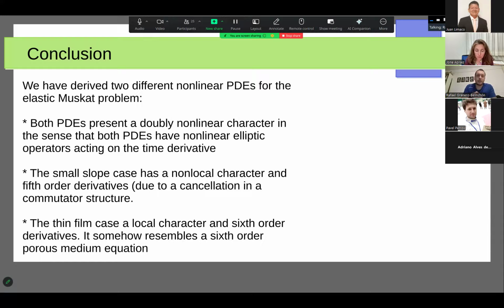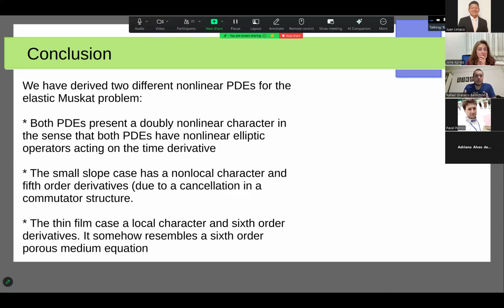The orders of the operators are different, but if you formally take the order of the space derivatives on the right-hand side and subtract the order of the space derivatives in the elliptic operator, you remain with a nonlinear heat equation, in the sense that we will have a time derivative of something equal to two space derivatives of something else.